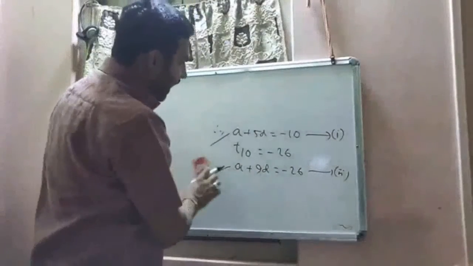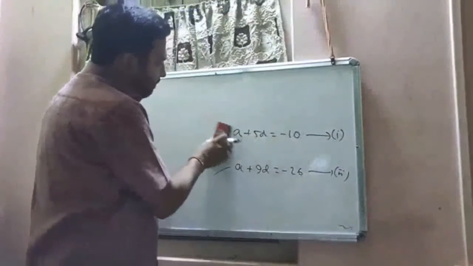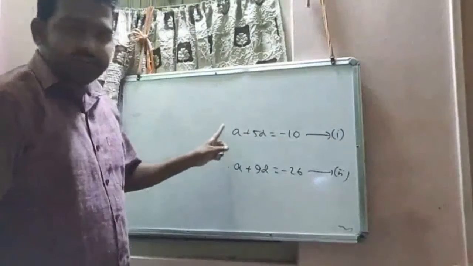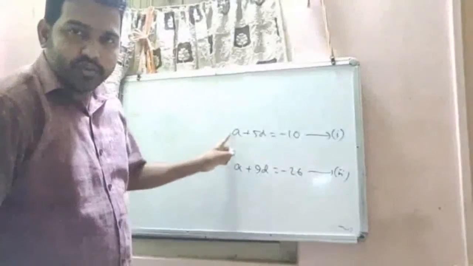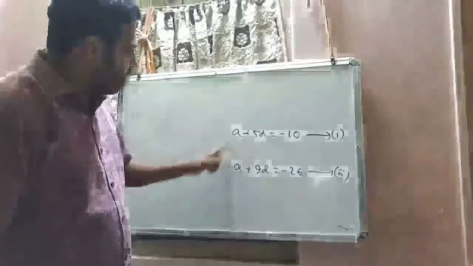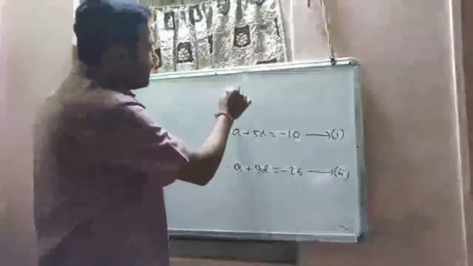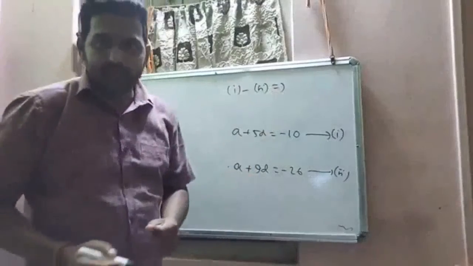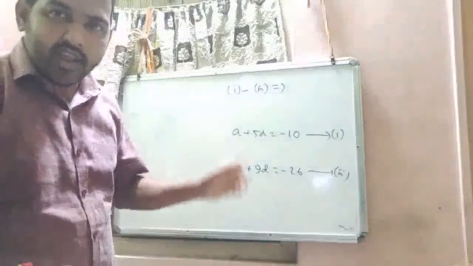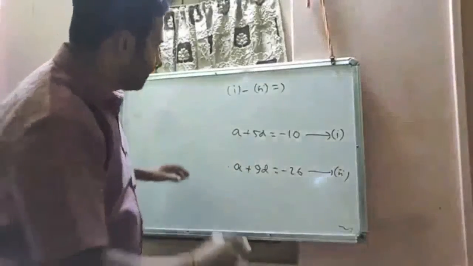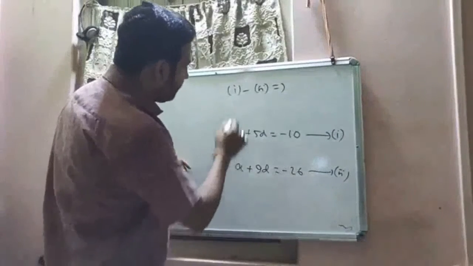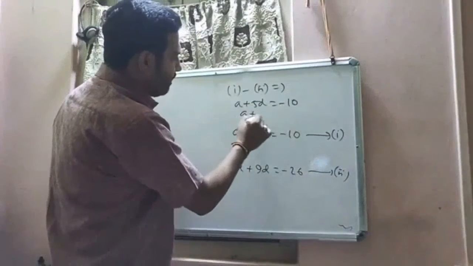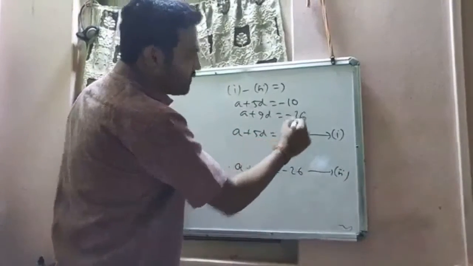According to the elimination method, see, the coefficients of A in both the equations are the same, 1 and 1. So we can easily subtract equation 2 from equation 1 in order to eliminate A from both the equations. So A plus 5D is equal to minus 10, A plus 9D is equal to minus 26.